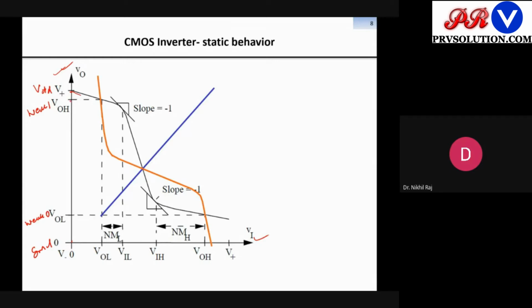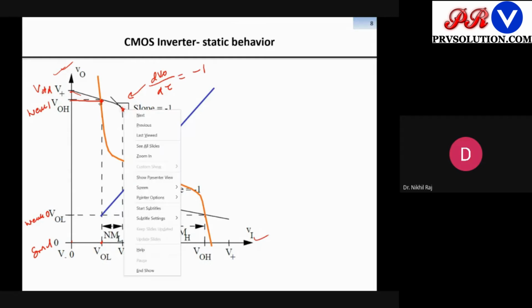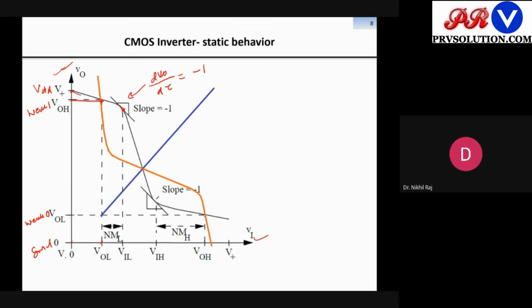So from here a point will be cut in this curve, and where it cuts, this point and this point. In the curve, at this place, my dVo/dVin will become -1.